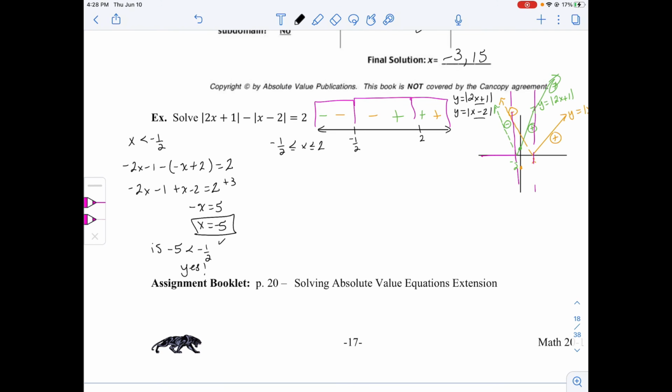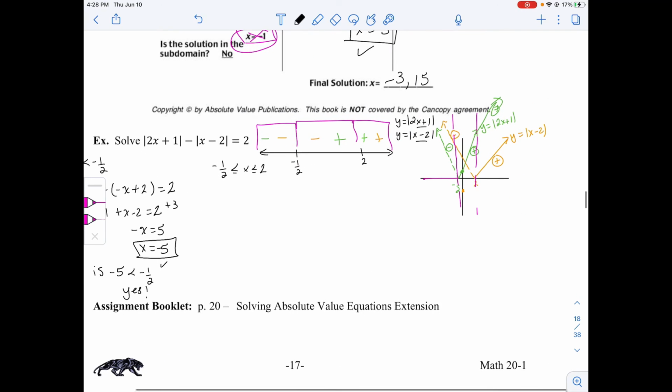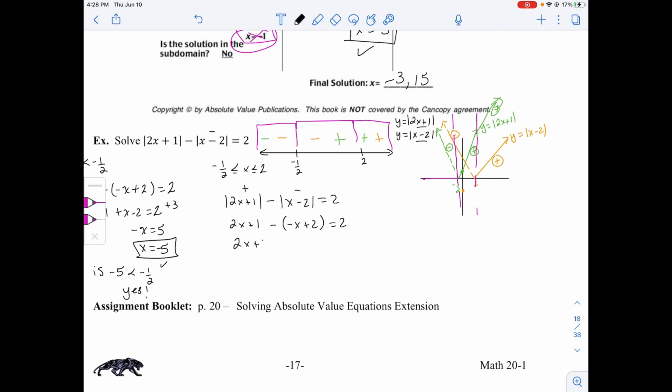We've got the negative orange, so we've got the positive 2x plus 1 and the negative x minus 2 is equal to 2. So we get 2x plus 1 minus negative x plus 2, and 2x plus 1 plus x minus 2 is equal to 2.